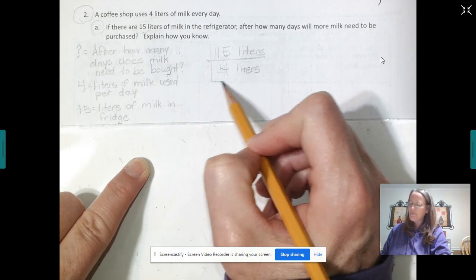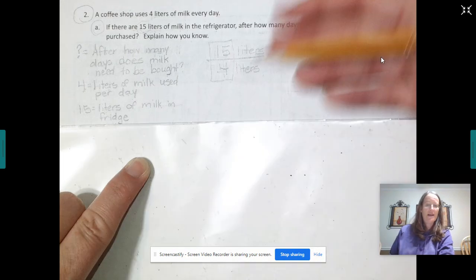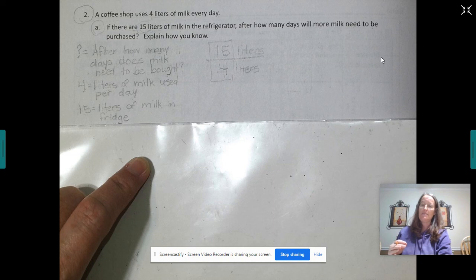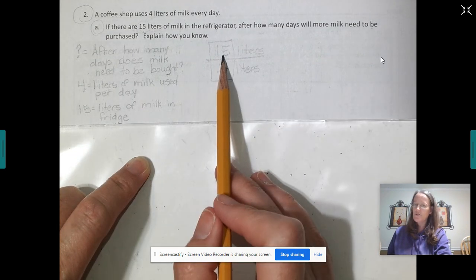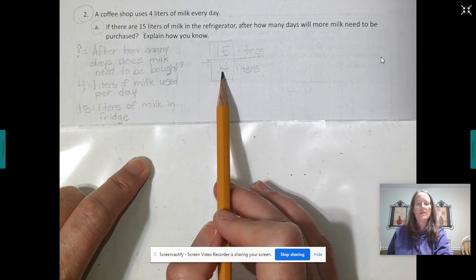Guys, there's my improper fraction right there. Well, I need to know what my numbers represent. 15 liters divided by 4 liters every day.